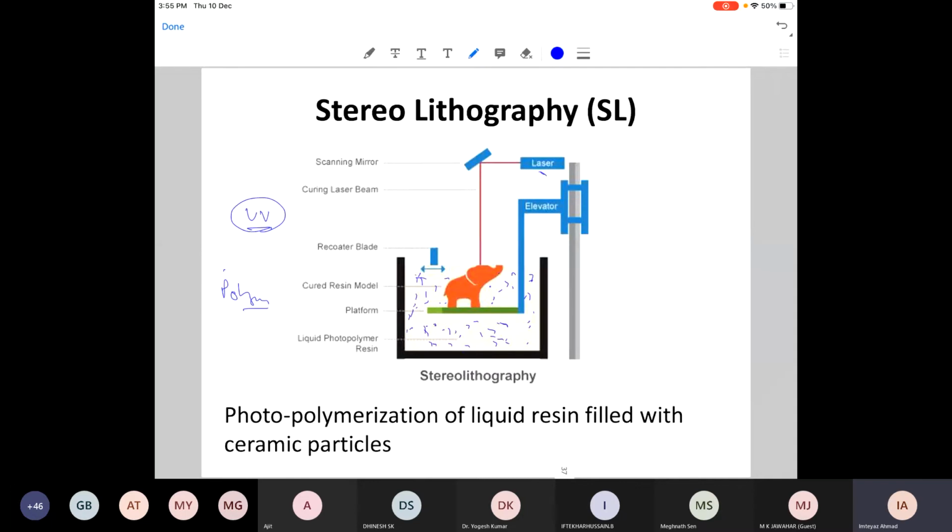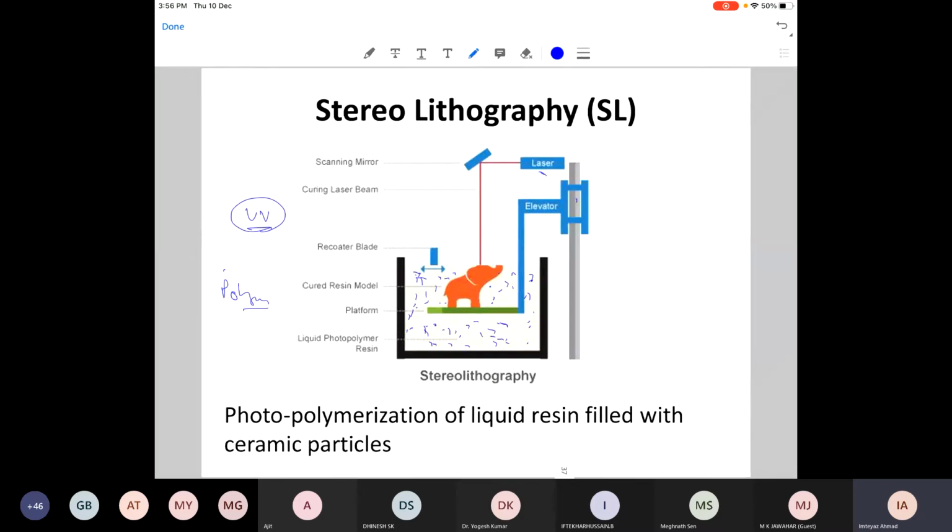with some polymer in it, and this is the elevator. You keep on scanning the powder, and when you scan the powder, the binder melts and binds the powder together.